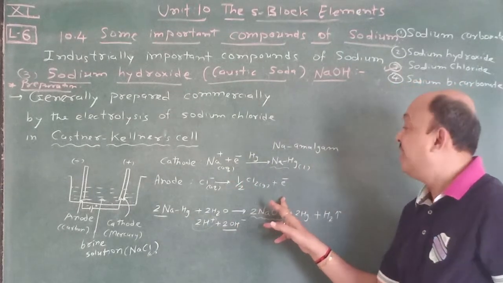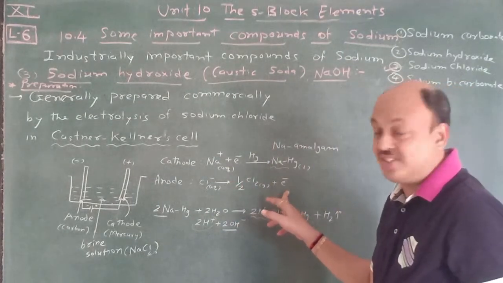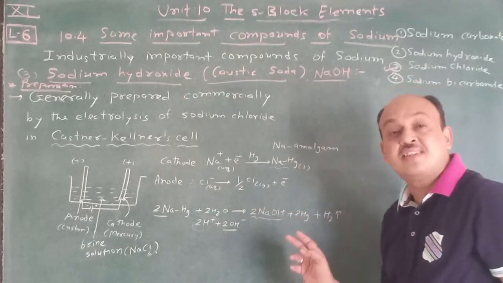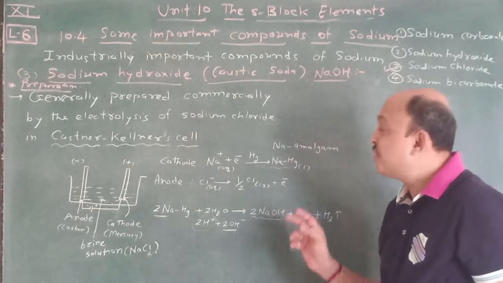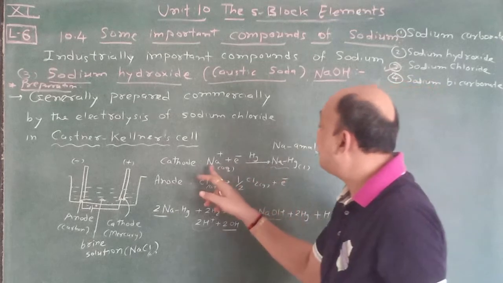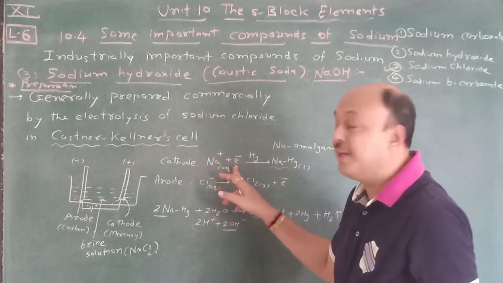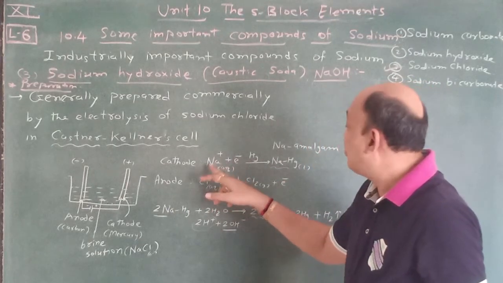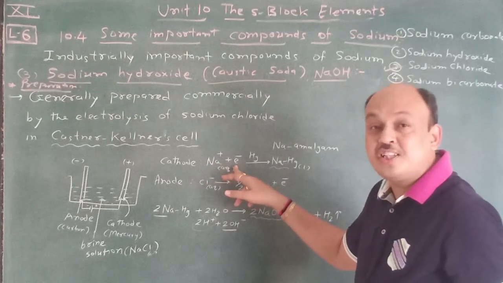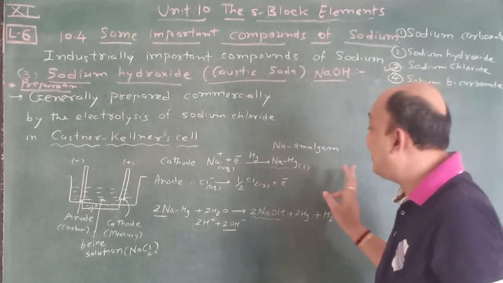Oxidation reaction occurs on the anode and reduction reaction occurs on the cathode. Electron possesses negative charge, so if an electron is on the reactant side, we consider it a reduction reaction.